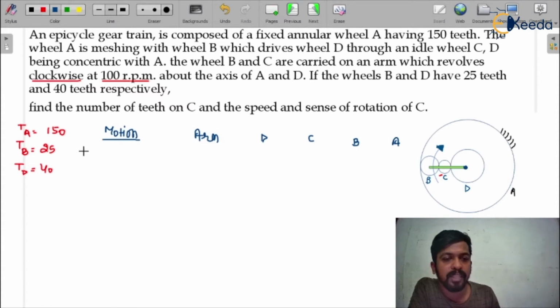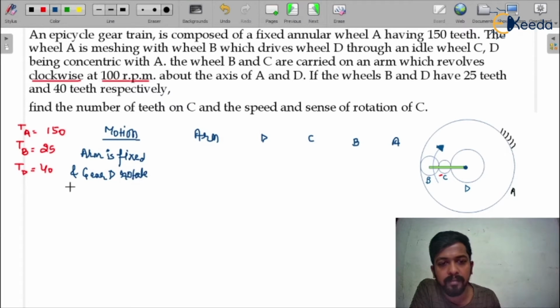So in the motion, first I'm going to write that the arm is fixed and the gear D rotates with x rpm.